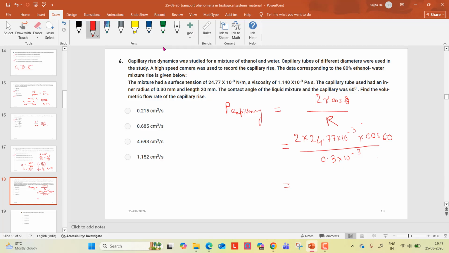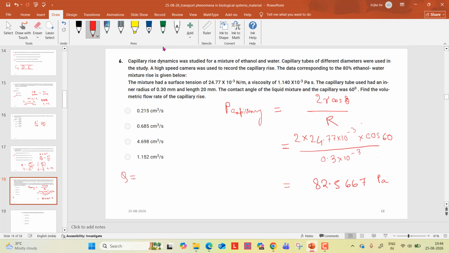So it is coming as 82.5667, which is coming as 82.5667 Pascal. Okay. Now we have to calculate the volumetric flow rate.